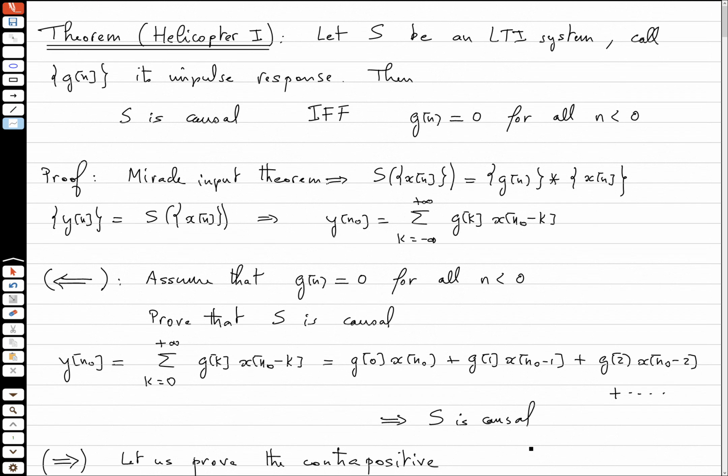But if the system happens to be LTI, you no longer need to do that. You just need to inspect the impulse response. It's a shortcut.